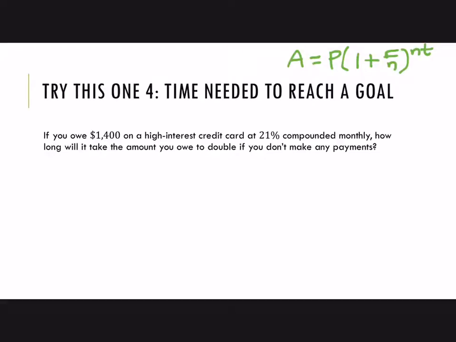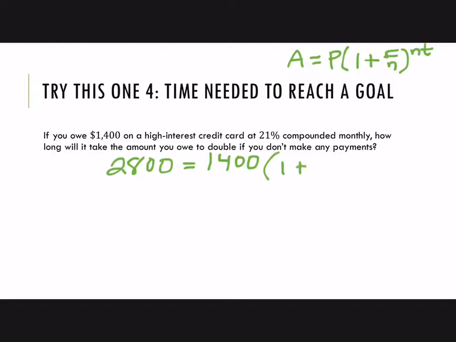Now this is a credit card, so this would be the amount owed. What we're interested in is finding the amount of time it takes for the amount owed to double. So we want to know, when does that $1,400 become $2,800? So that's the future value. And $1,400 is the principal, the starting value.